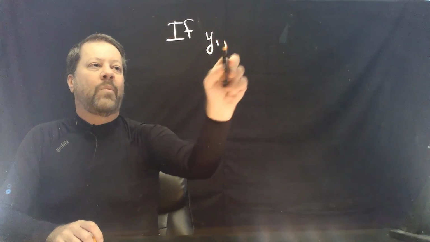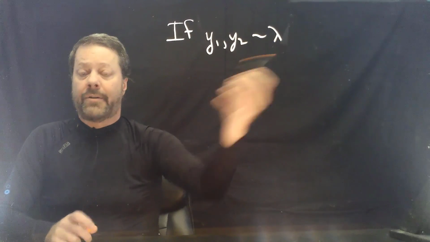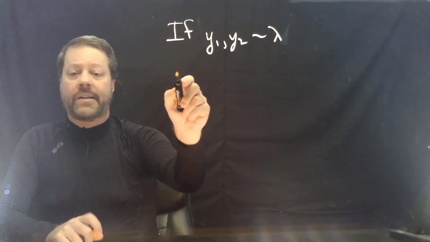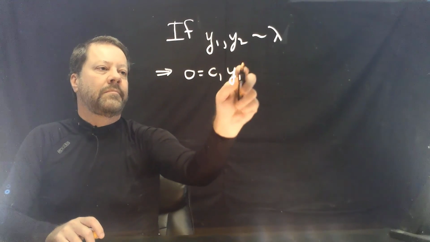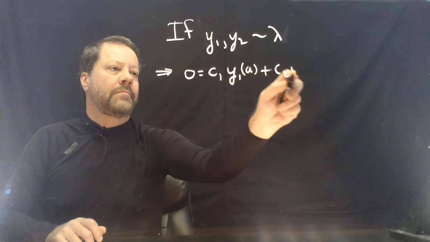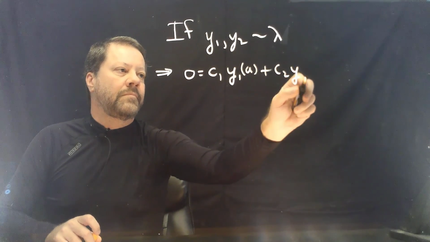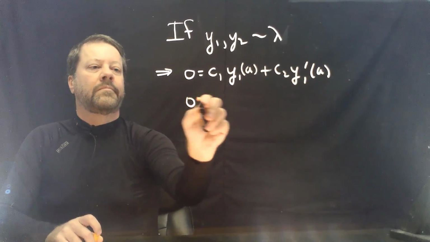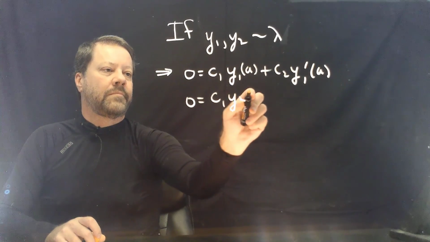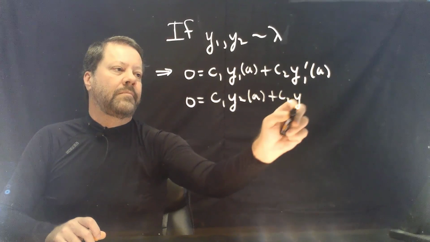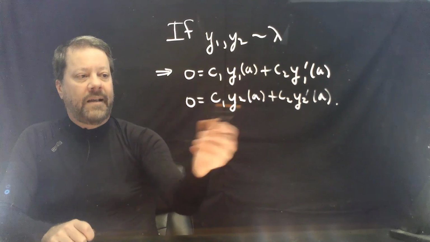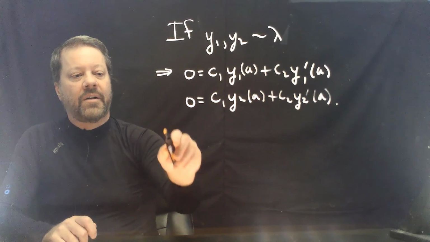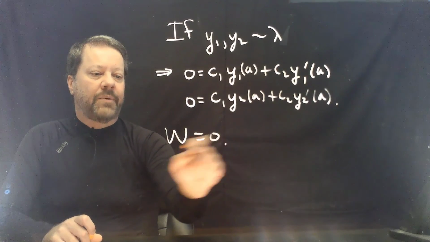So in this case, we'll assume that y1 and y2 correspond to the same eigenvalue lambda, in which case we look at the Robin data again. And since C1 and C2 are not both zero, in order to have non-trivial solutions here, we have to have this W equal to zero.